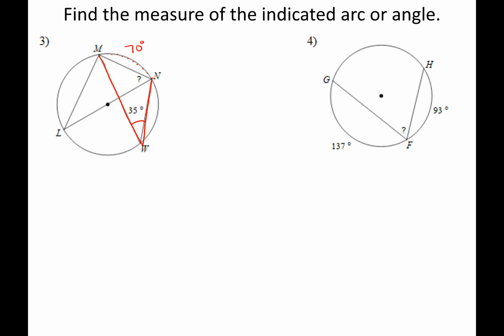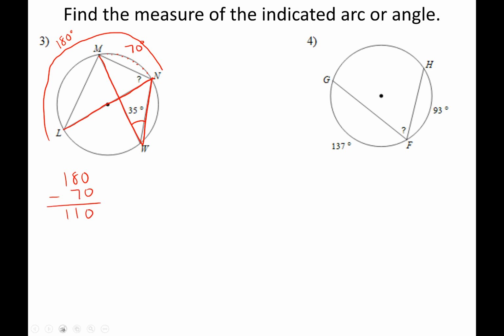Then I also happen to notice that I have a diameter in my problem right there through the center, which means it cuts my circle in half. So this big arc right here, half the circle, is going to be 180 degrees. If I do some quick subtraction, 180 minus 70, I get 110.